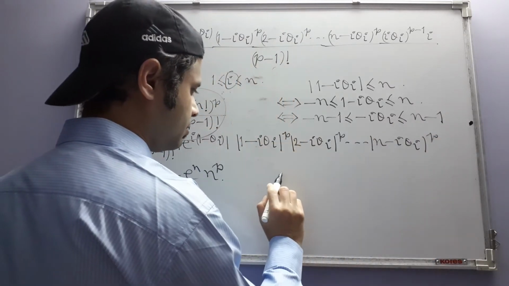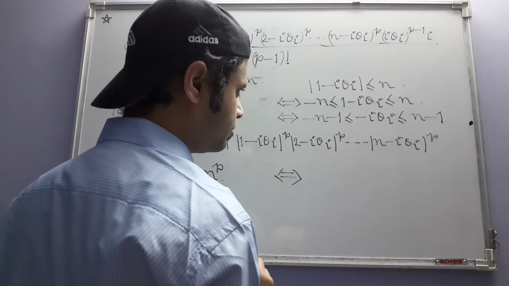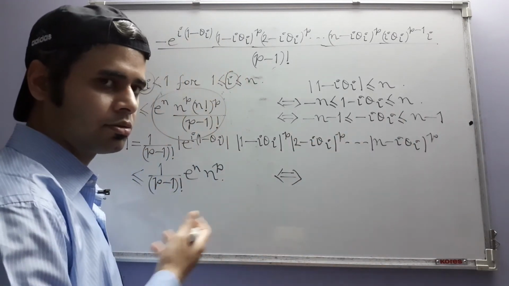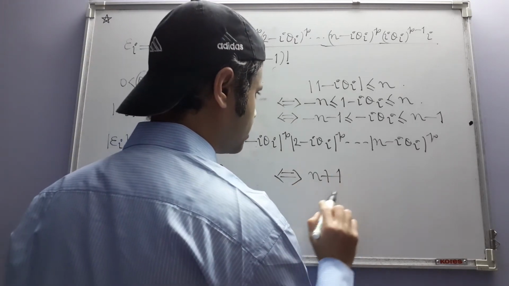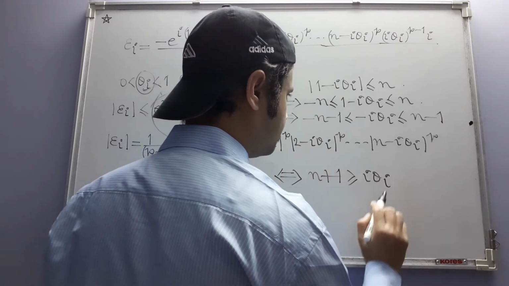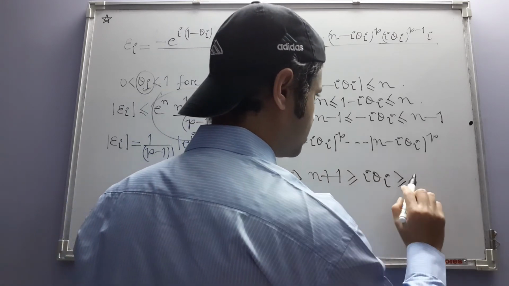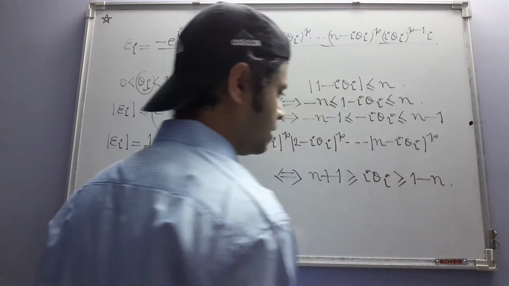And continuing here, these inequalities are equivalent to, now if we multiply throughout by minus 1, the inequalities change direction, greater than or equal to I theta I, this is greater than or equal to 1 minus n.